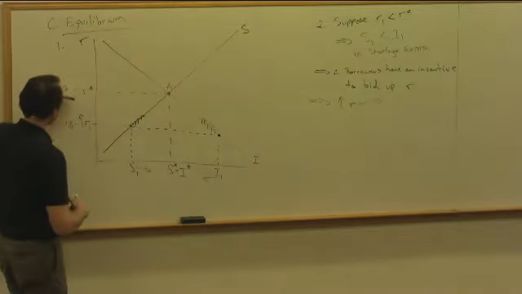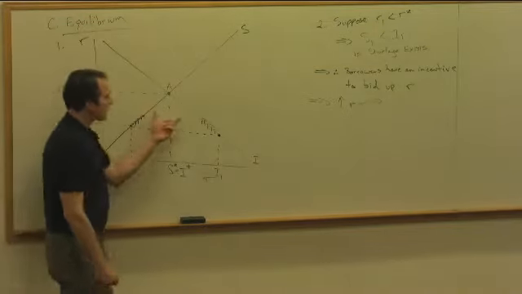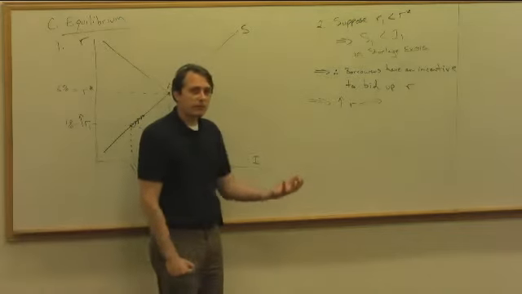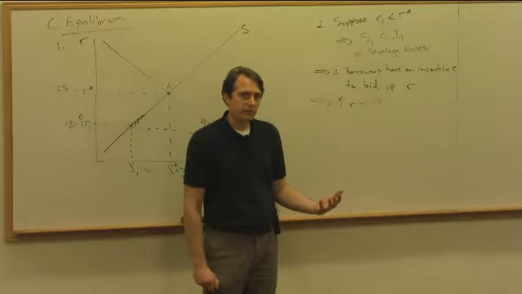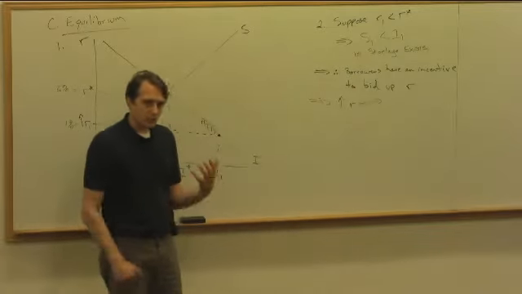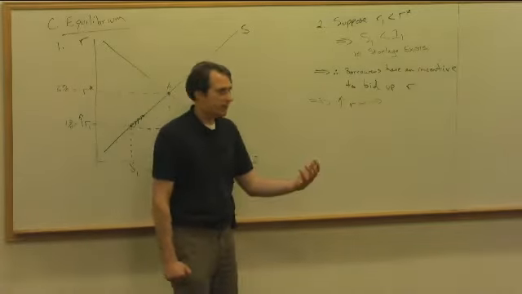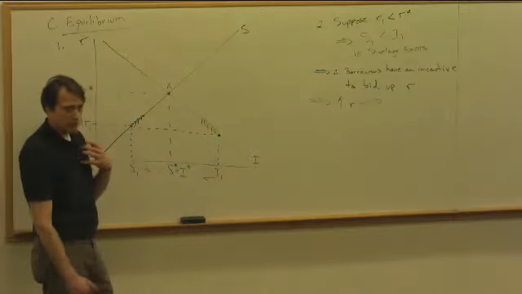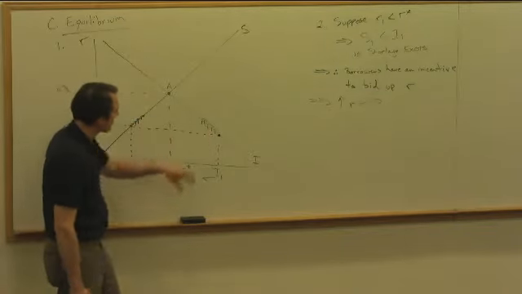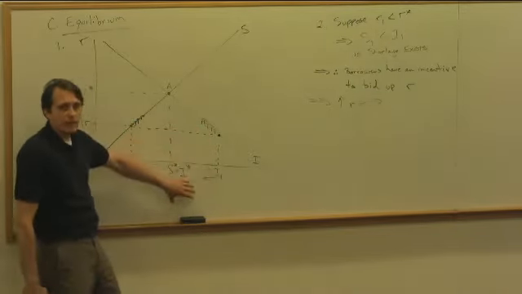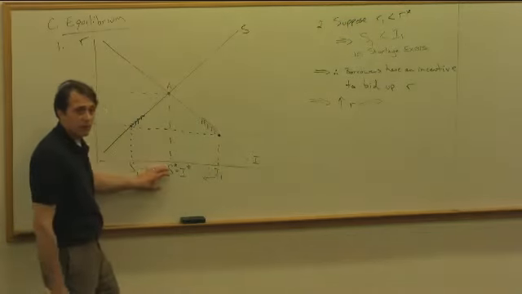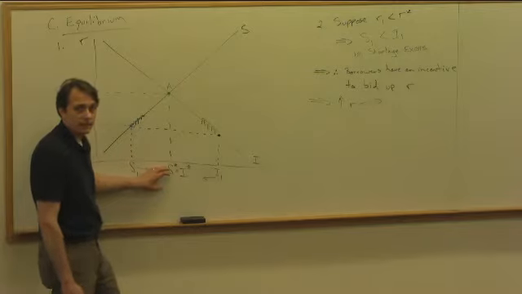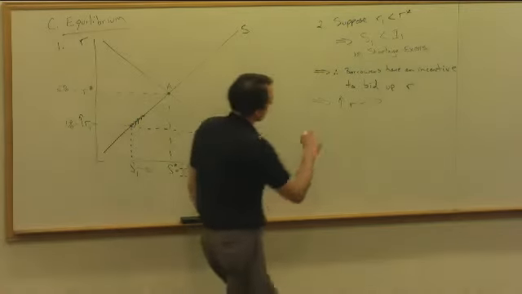And as long as the real interest rate's below the equilibrium, there's going to be a shortage, which means there's going to be some firms out there, or some borrowers out there, who have an incentive to bid up the real interest rate. And as long as there are some borrowers out there who have an incentive to bid up the real interest rate, that means quantity demand of investment is going to fall, and quantity supplied of loanable funds is going to continue to increase. Which means, I should go ahead and write it up here.